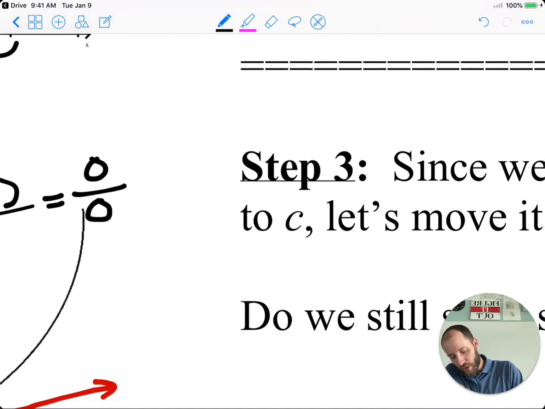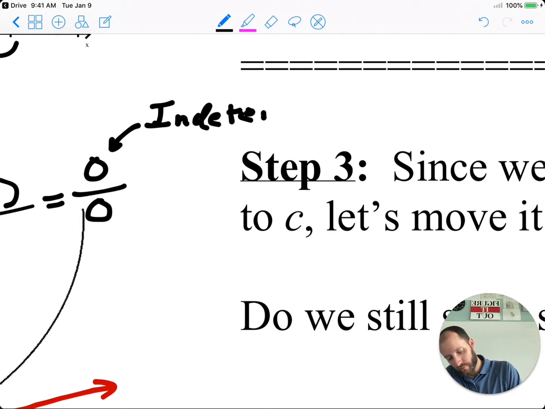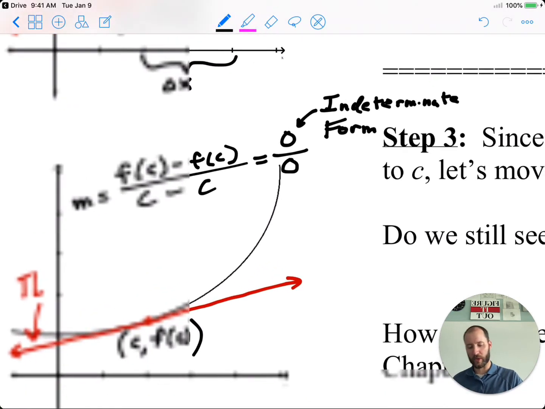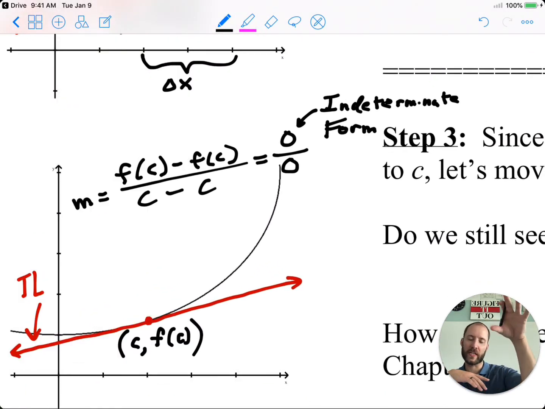So we get what's called the indeterminate form. And this is like the algebra person's worst nightmare. Okay, so you get indeterminate form. When you go to find the slope, you have 0 in the top, 0 in the bottom, you can't divide by 0.